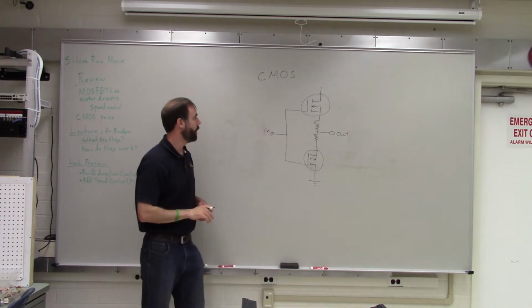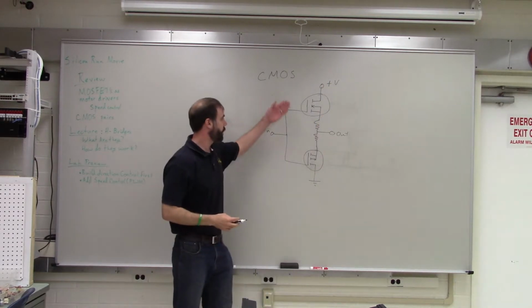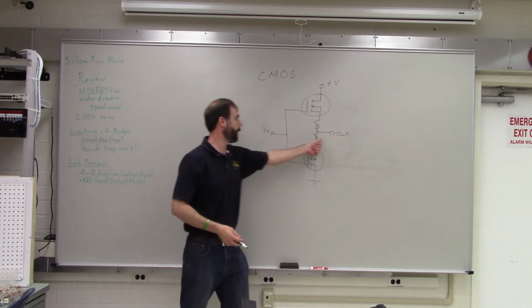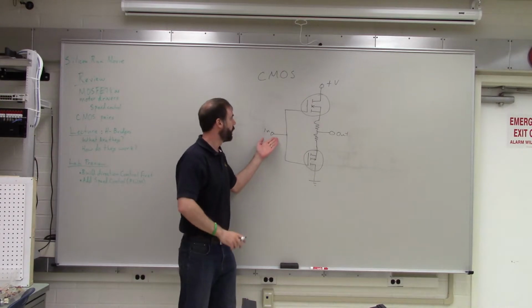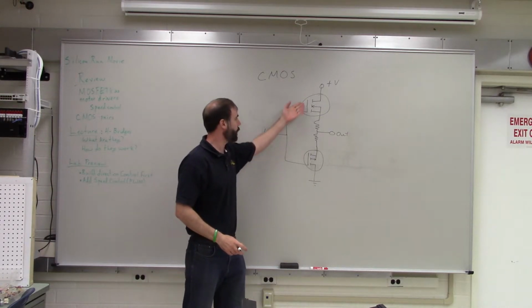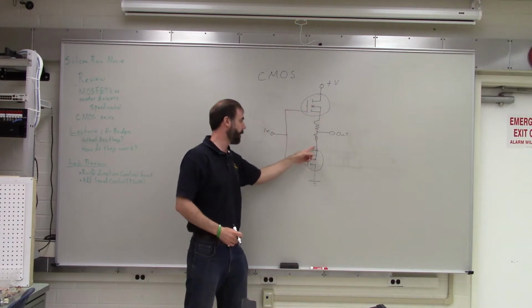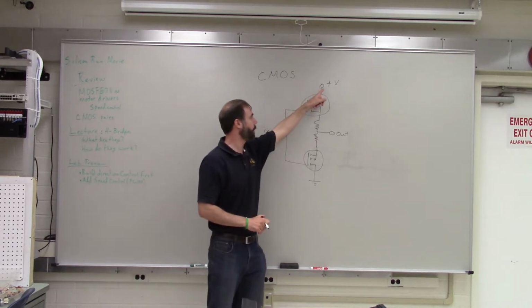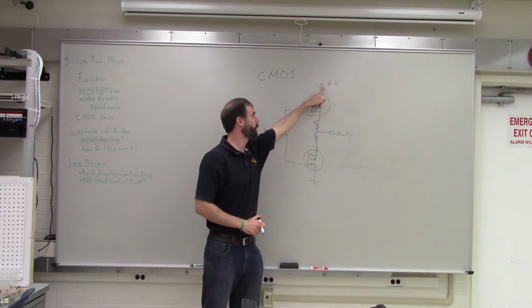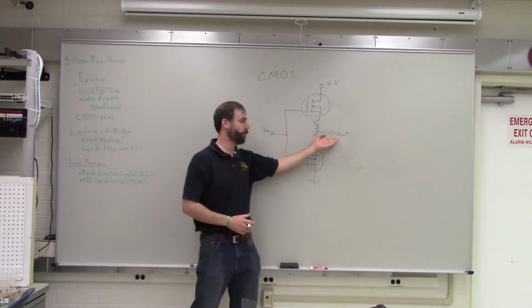So what happens here is that you've got your supply voltage up here, ground, your input and your output. When the input is high, that turns on this top transistor. Basically, this top transistor acts like a wire, and the bottom one gets turned off. It acts like an open circuit. So you have a wire going from positive voltage to your output. So that means that your output is pulled high.